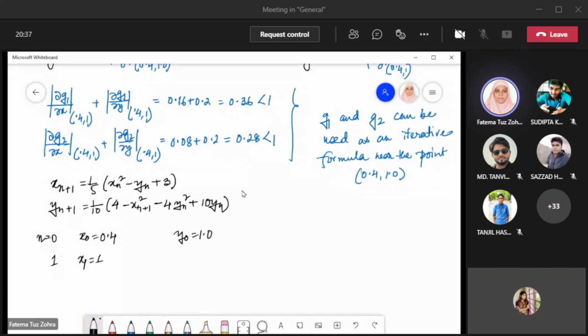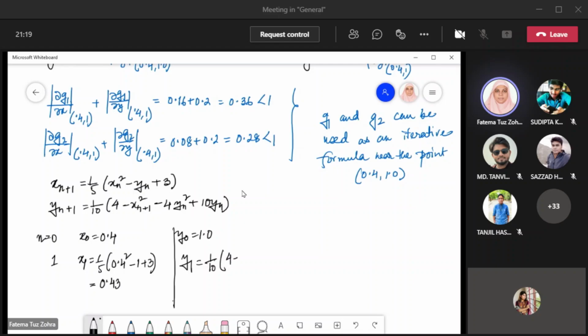So x1 should be equal to 1/5 (0.4² − 1 + 3). What is the value of x1? 0.432.